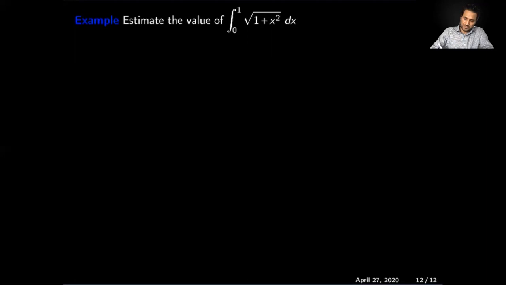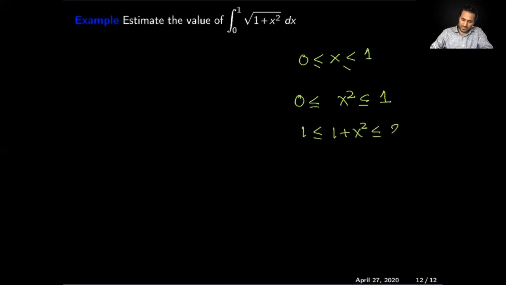As you can see, our x is between 0 and 1. So x squared will also be between 0 and 1, because squaring won't change the inequality. If I add 1 on both sides, 1 plus x squared is between 1 and 2.